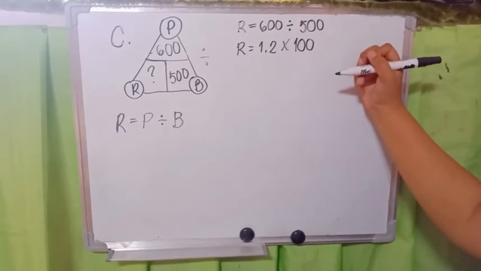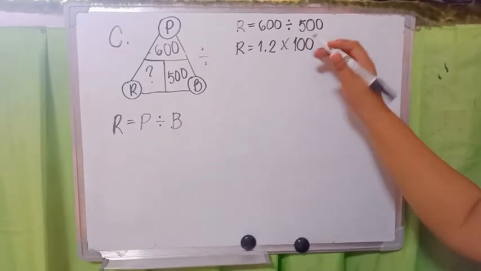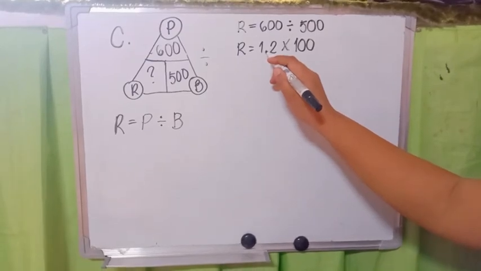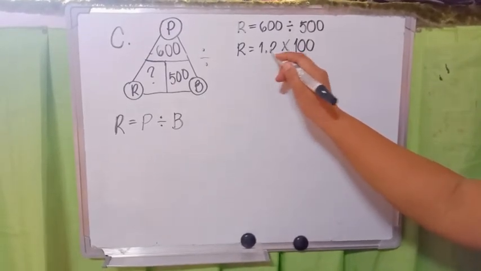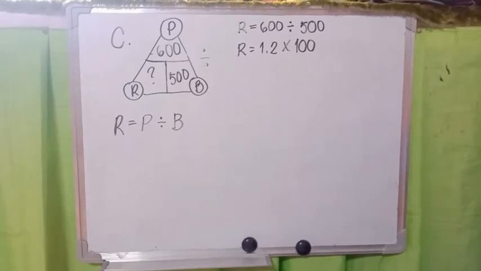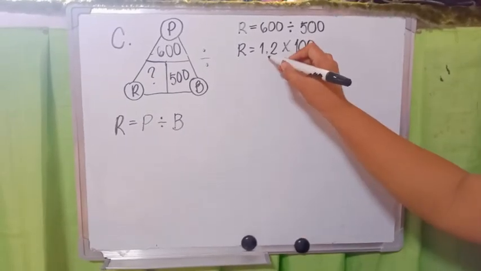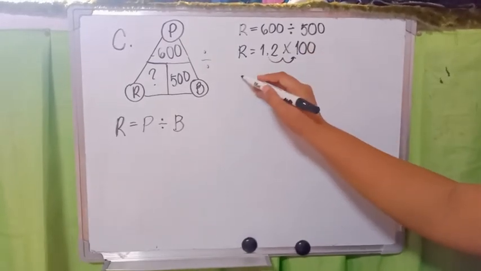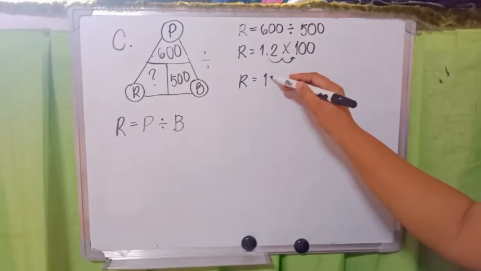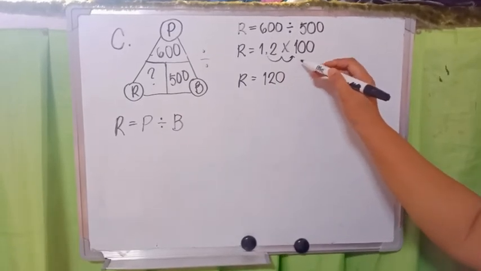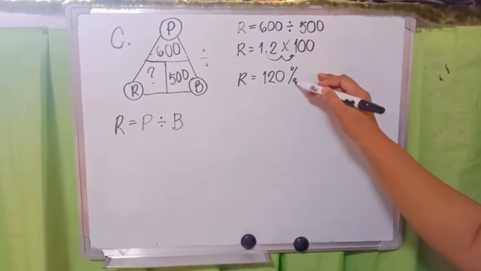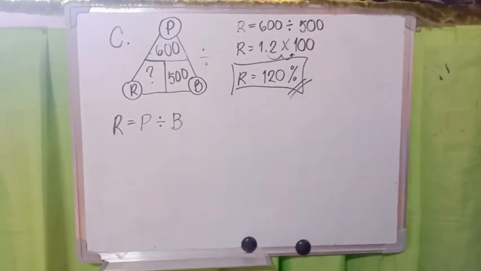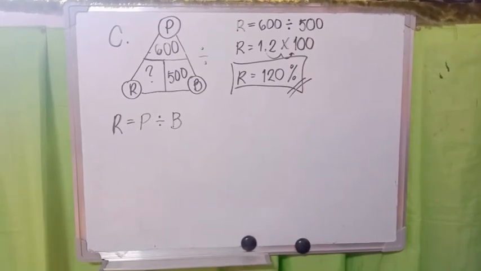If you still remember how we multiply by 100, we just need to move the decimal point to the right side. We need to move it twice, so the answer would be 120, and do not forget the percent symbol. So the rate of the following would be 120%.